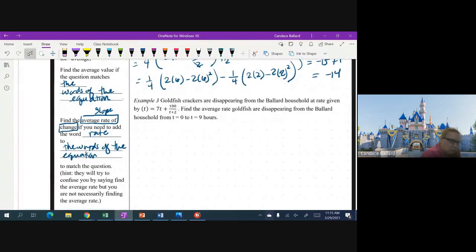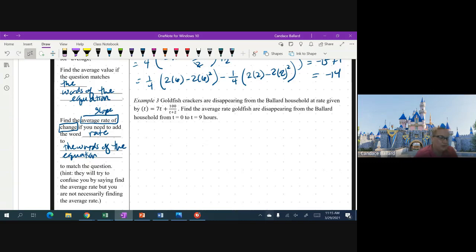So hint, they will try to confuse you by saying find the average rate, but you are not necessarily finding the average rate. So sometimes they give you stuff that's confusing. Hopefully we'll get it so it's not. But usually on an average rate of change, they literally say find the average rate of change, okay? On an average value, they don't say, they just say the word average and then some words, okay?